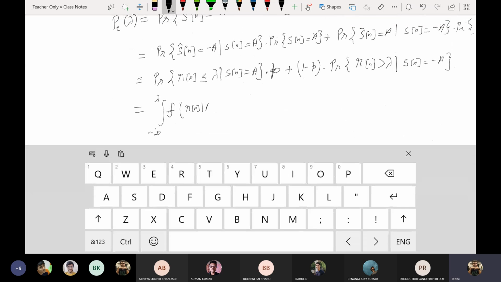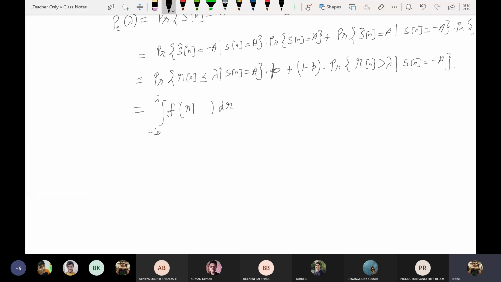I'll just simplify the notation slightly. I'm just dropping the n here, because otherwise it becomes cluttered.